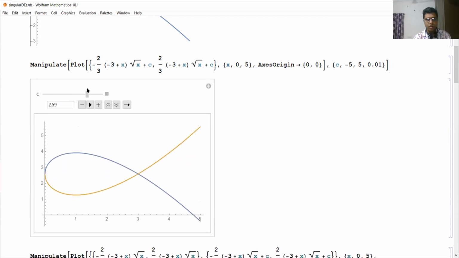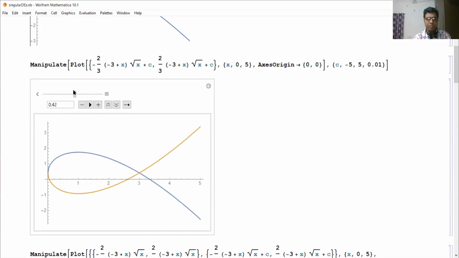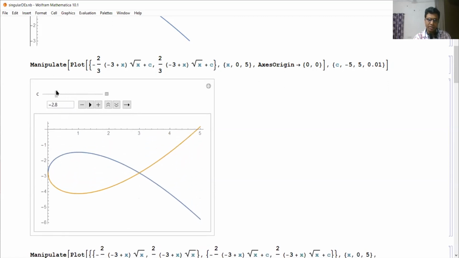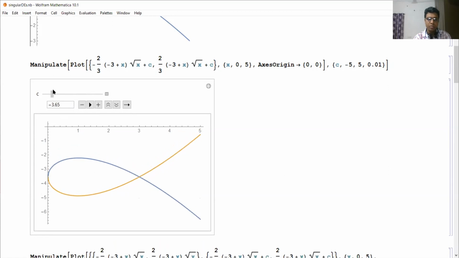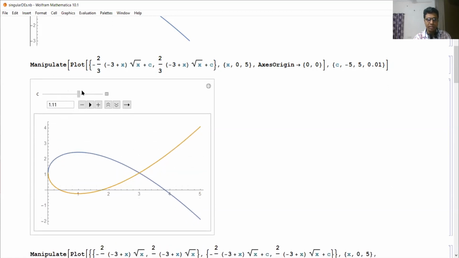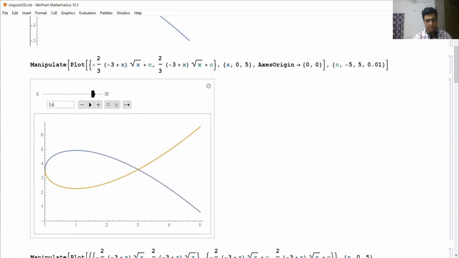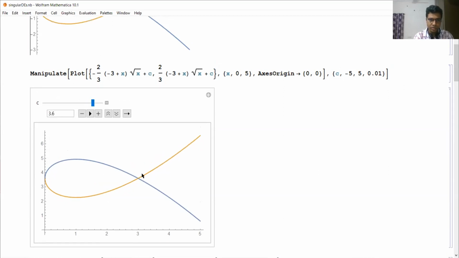If we change c, the properties are the same, that means the node is always there, but the position of the curve will change. And this is at x equal to 3.